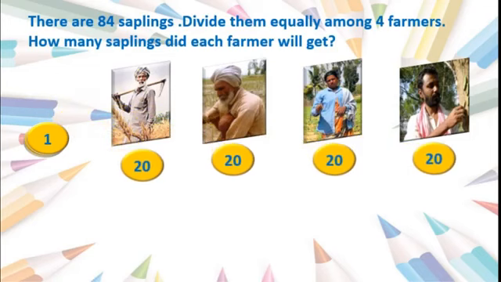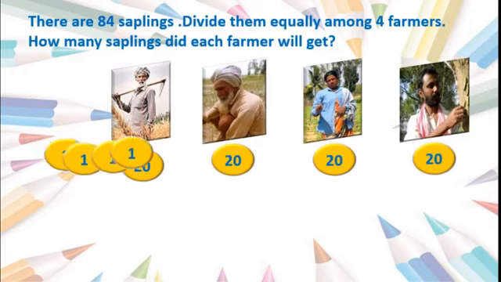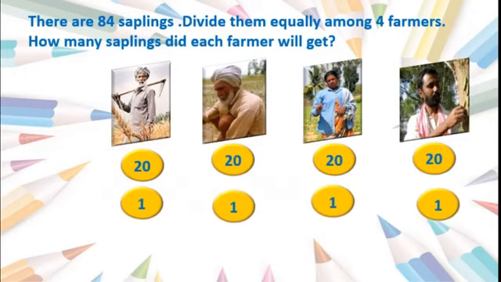Then he gave 20 saplings to each one. Then how many remain now? Only 4. So he said these 4 again we will divide by 1. So they divided and they collected 1 more sapling from the stock. So how many saplings each one got? See, they are adding the numbers now.